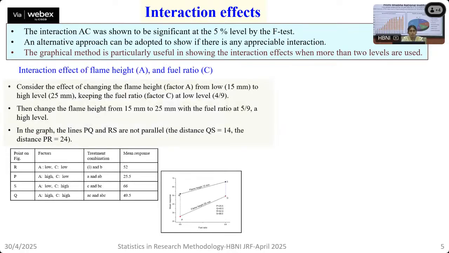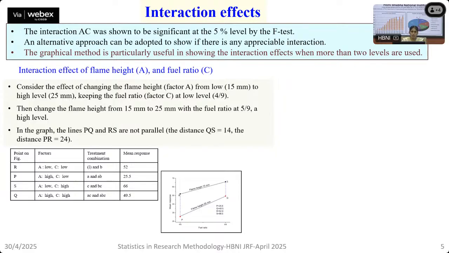For example, if we are changing the flame height from low value, that is 15 millimeter, to high value, that is 25 millimeter, keeping the fuel ratio at low level, and the fuel ratio 5/9, that is a high level. From the graph, we can read that as we change from 15 to 25 millimeter, the line representing the flame height comes down.